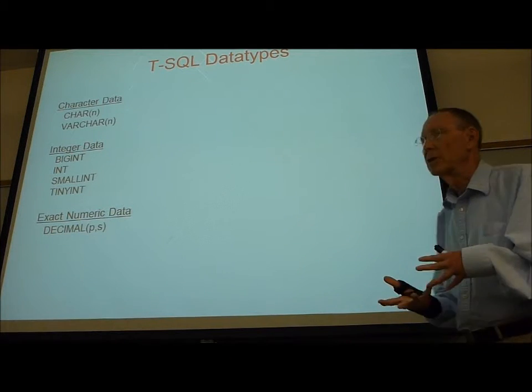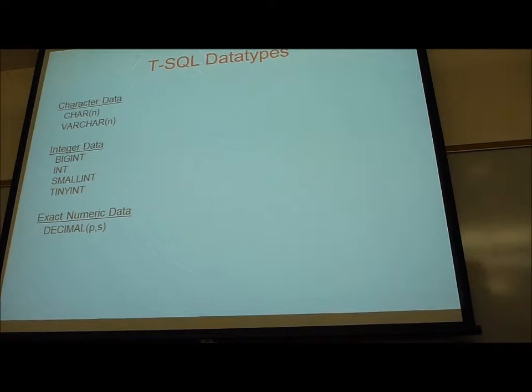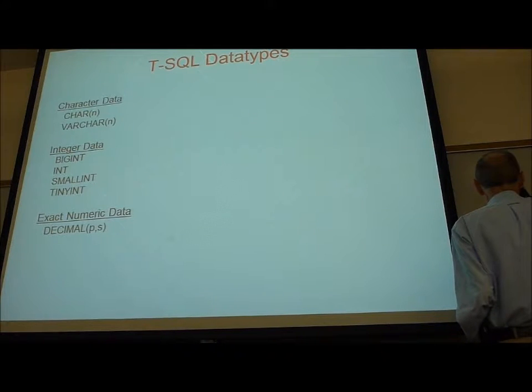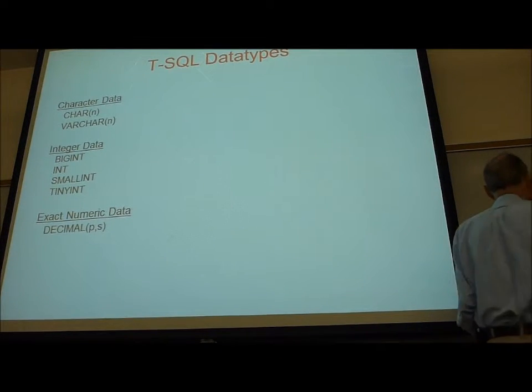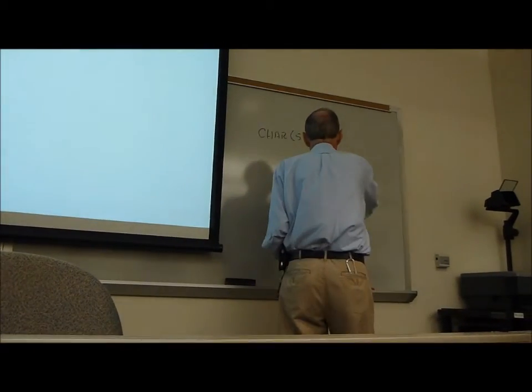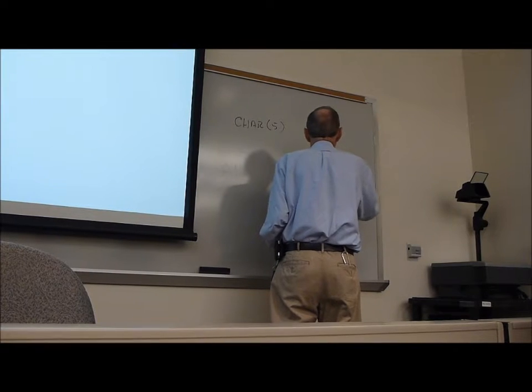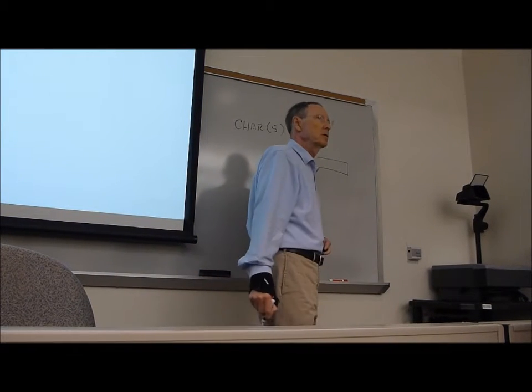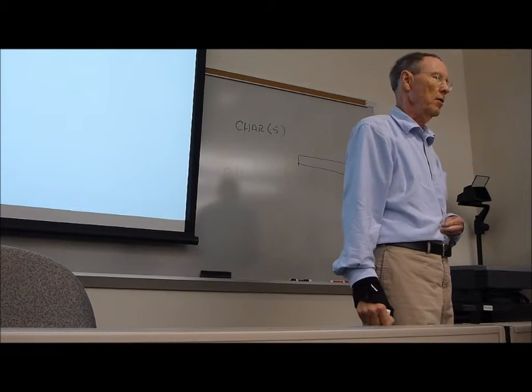We'll have 2 types of character types. One is referred to as fixed field. What we mean by fixed field, that's the character, and it simply says if I have character 5, the field is fixed to 5. That means it's always 5 bytes, 5 characters.